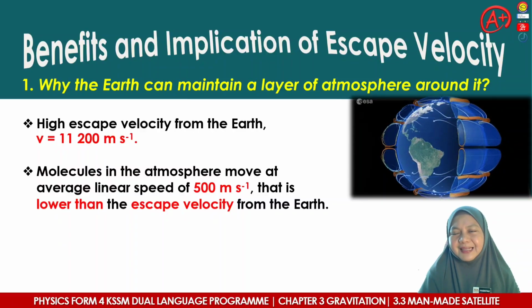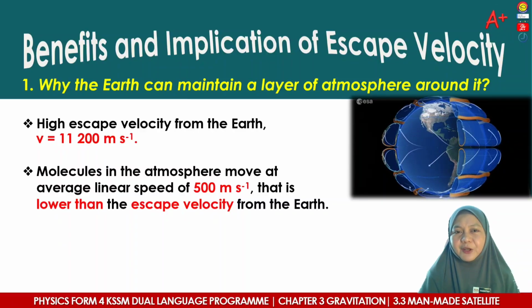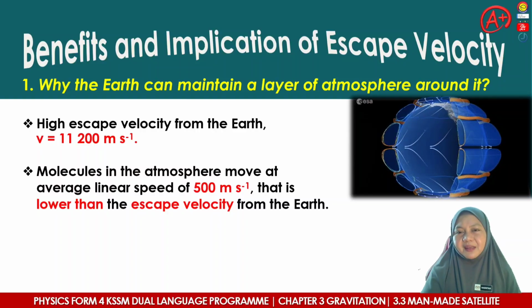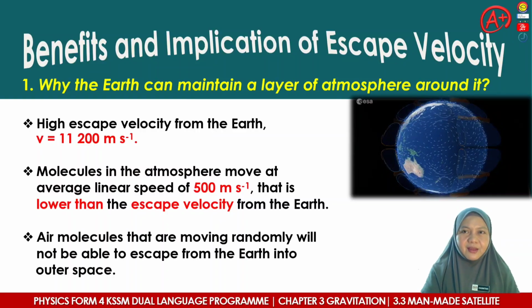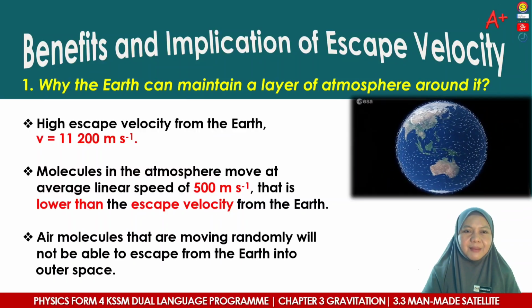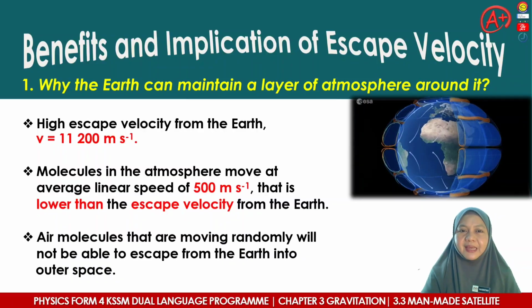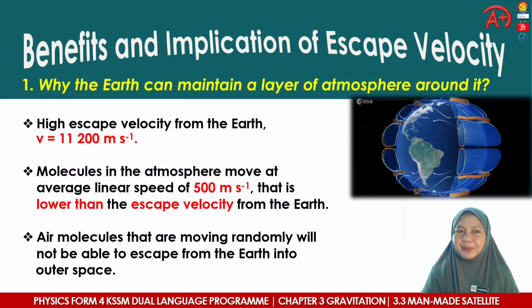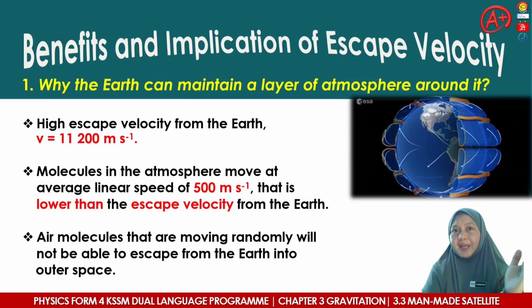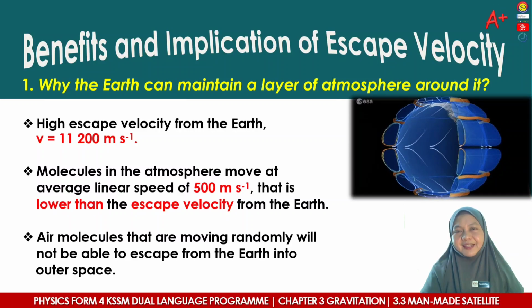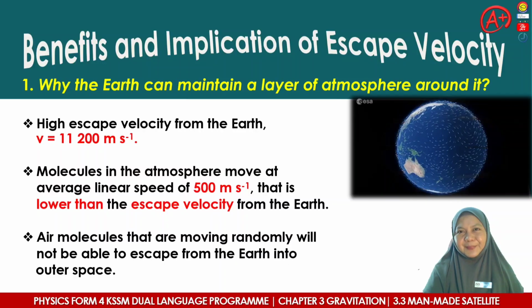That is very much lower compared to the escape velocity from the Earth. So what happens? A molecule moving randomly will not be able to escape from the Earth into outer space, so it will linger around the Earth's surface. Clear? Very good.